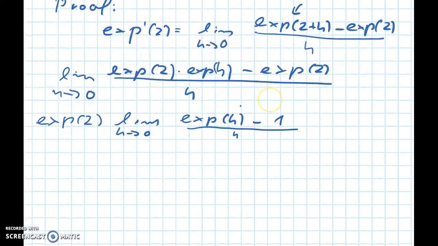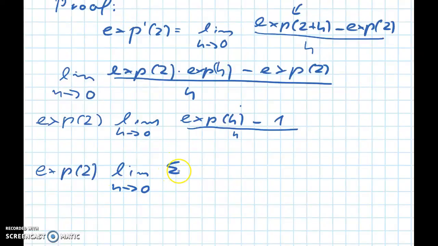So let's do that. Then we have exponential z times the limit as h goes to 0, and now we put this infinite sum in here, the sum from n equals 0 to infinity of h to the n divided by n factorial, minus 1, and we still divide by h.